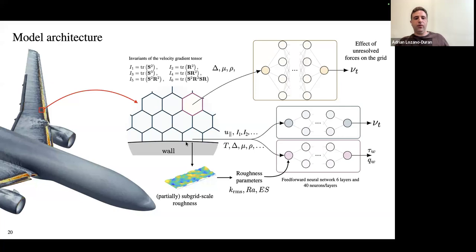It will account for the fact that the roughness is under-resolved. Usually such roughness tends to increase the heat flux and the wall shear stress. So this is essentially the picture of how the model works. I have these 3 neural networks, and from the point of view of the predictions, the model contains these 3 networks, and they are always the same 3 networks everywhere.